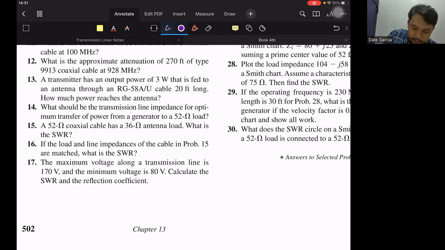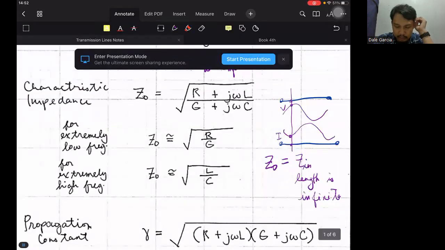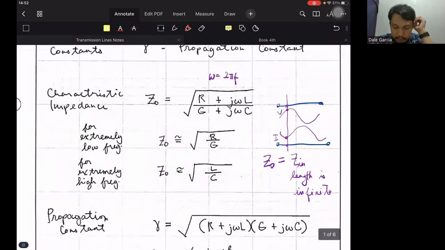So, mas nakuha ng 52 to 36. 52 divided by 36. SWR is 1.44. If matched, well, SWR is 1. No? Moment to ideal, right? SWR is 1.